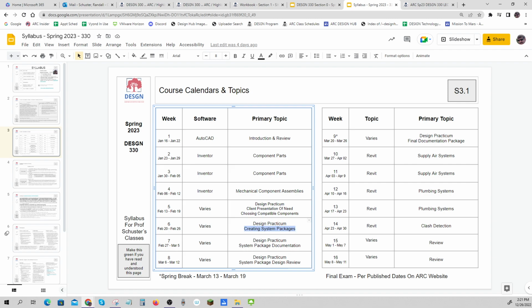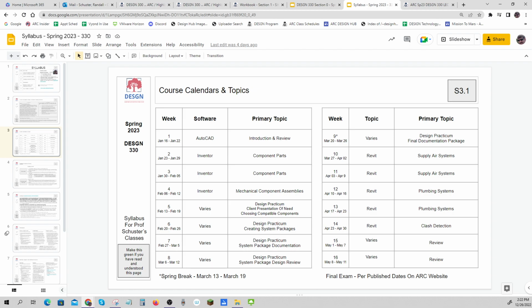So the idea is that you will take existing product, repackage it into a complete system that does the job that the client wants. And then you'll present that to them. Okay. And then we'll do a final documentation package and present your work. Okay. So that comes up in March 20th through March 26th.